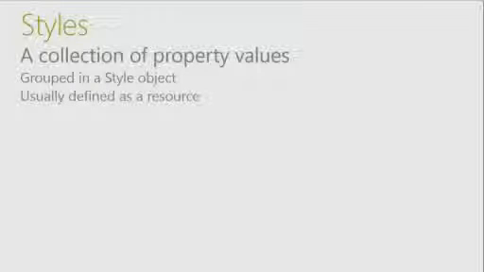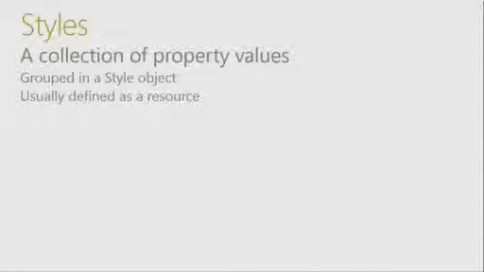It is grouped into a style object, so it is reusable. You can reuse the same style throughout your application. Usually it's a resource. I don't think I ever encountered a case, well, maybe some edge cases, where it makes sense to have a style which is really local only, but typically the use case for a style is reusing a look and feel throughout your app.